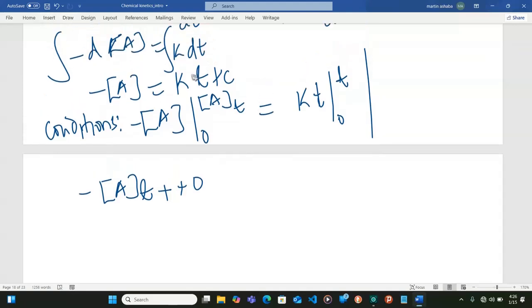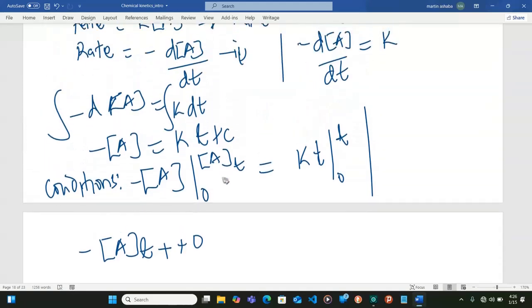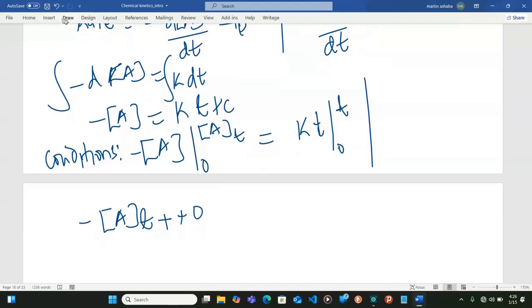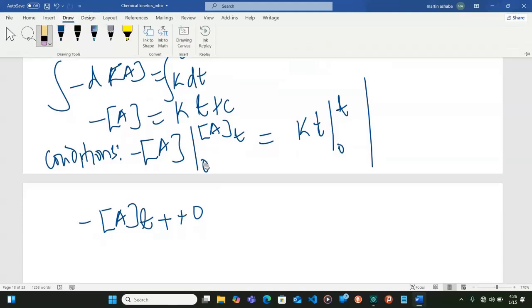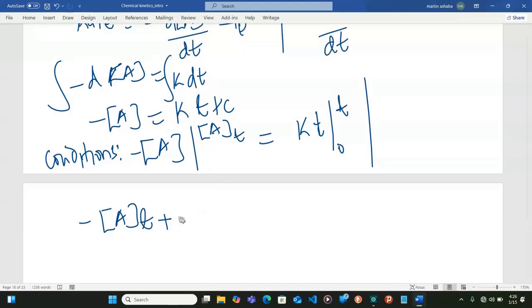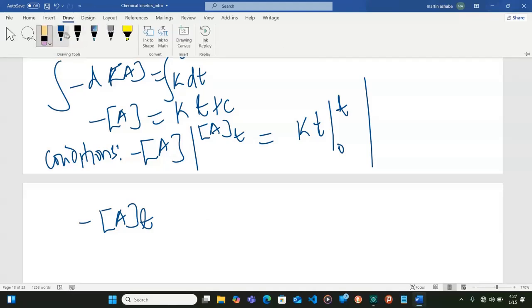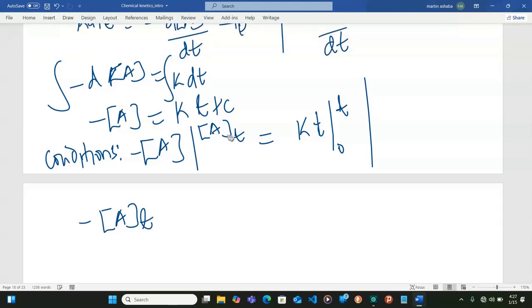Okay, so we have to remember that initially the concentration is not going to be 0. So the initial concentration is going to be the concentration at t is equal to 0, so that we have plus, okay, minus, then minus the concentration at t is equal to 0, and this is going to give us Kt.